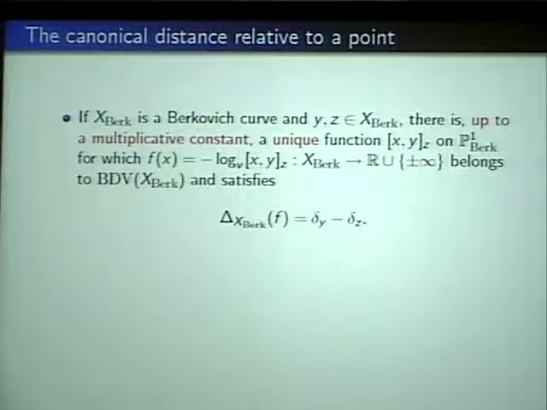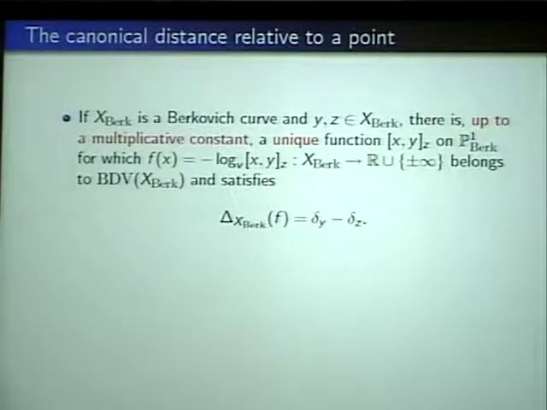If I pick any two points y and z, then up to a constant, there's a unique function, x, y sub z, so that minus log of this thing satisfies this differential equation. So in other words, I'm just defining this generalized canonical distance here, whereas before I defined it for z equals infinity. But I'm telling you, you can define it in general as just the unique solution to this differential equation, unique up to some constant.